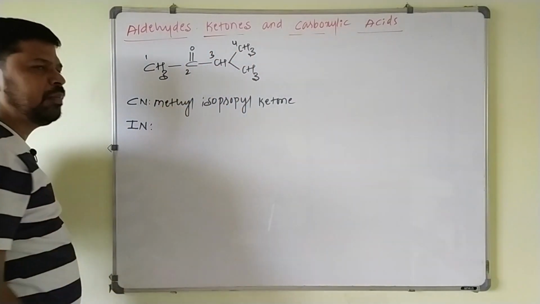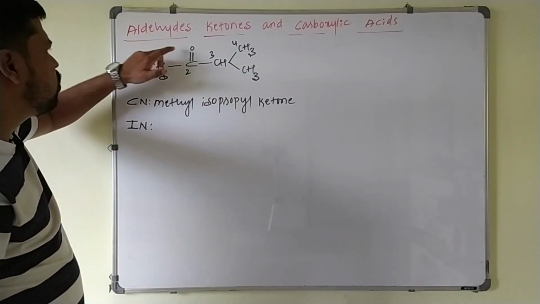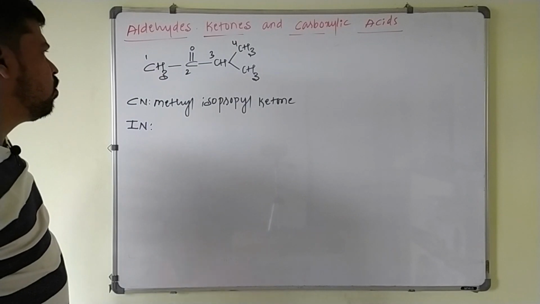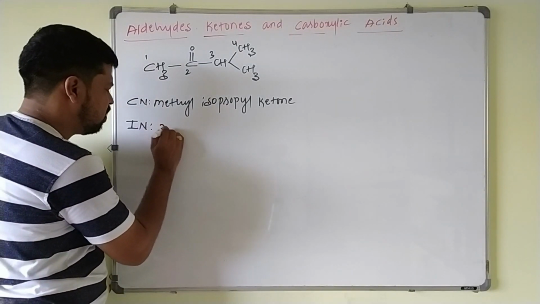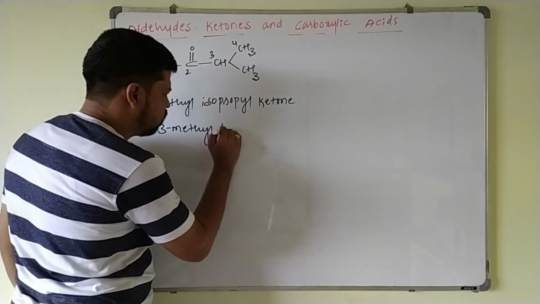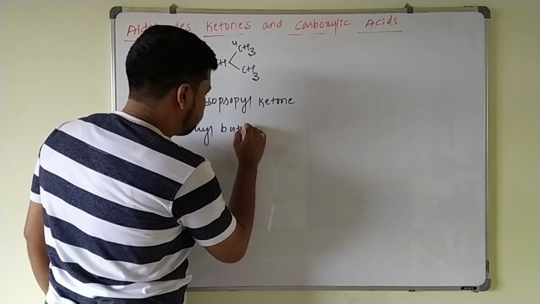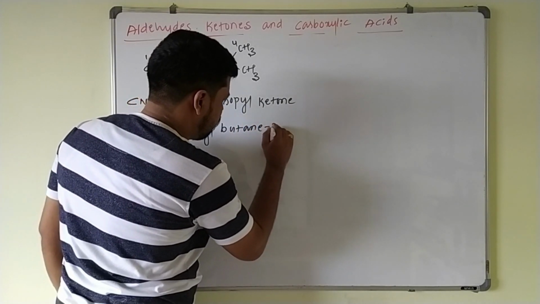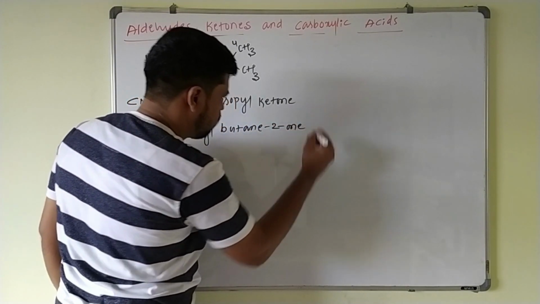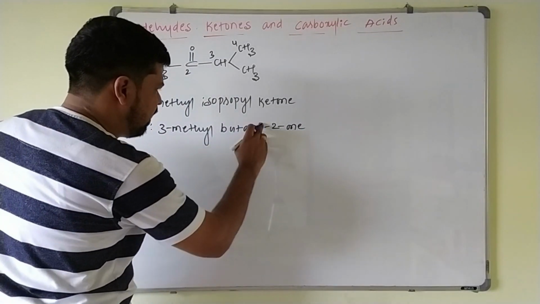At the third position, one methyl group is present, so it becomes 3-methyl, and at the second position the carbonyl group is there. So this becomes 3-methylbutan-2-one. Just you have to drop the letter E here.